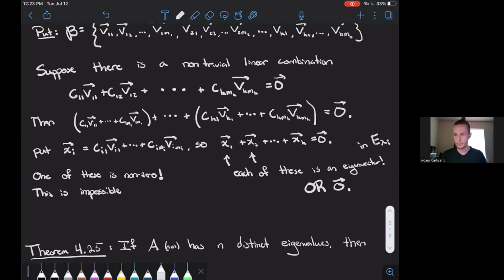It would tell us that one of the bases is a linearly dependent set. That would mean that there's a non-trivial linear combination of basis vectors in an eigenspace that gave you the zero vector. That's not possible.